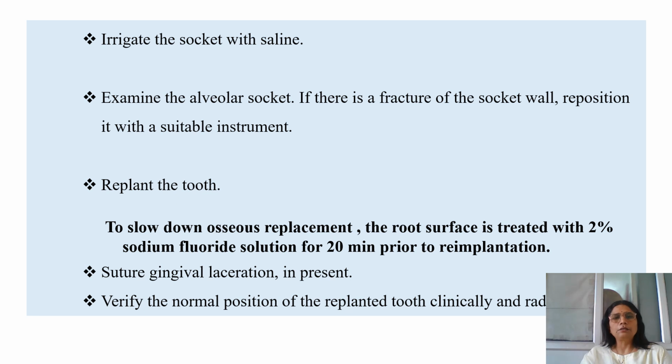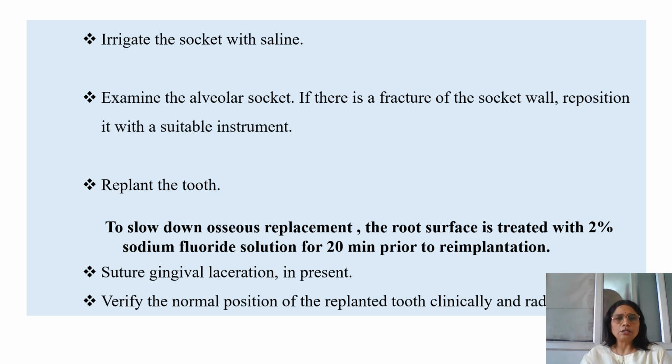Now reimplant the tooth. As this is a delayed reimplantation, the chances of osseous replacement are greater. So to slow down that process, the root surface is treated with 2% sodium fluoride solution for 20 minutes prior to reimplantation.